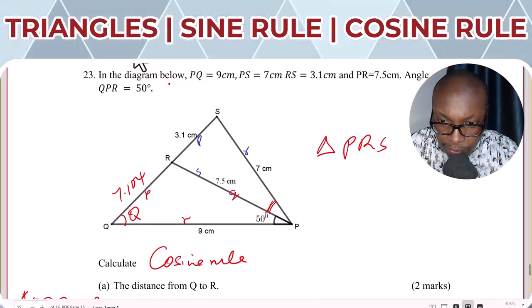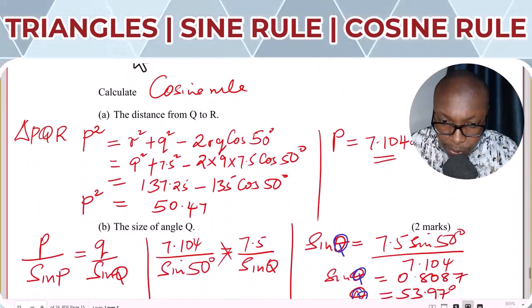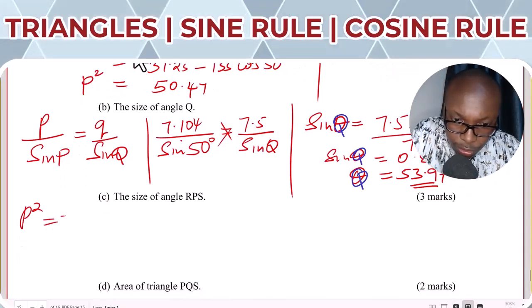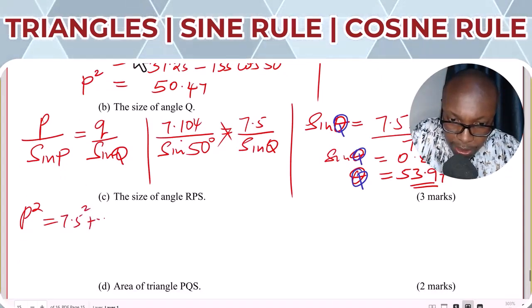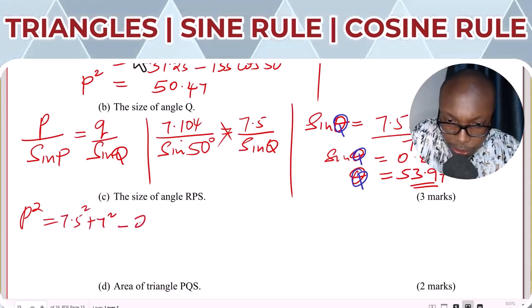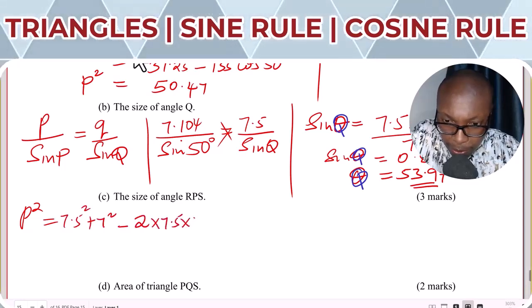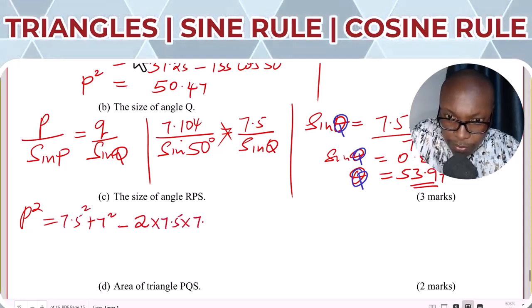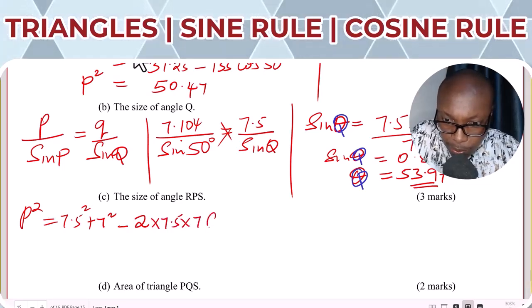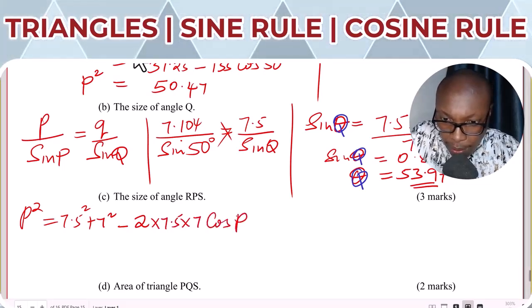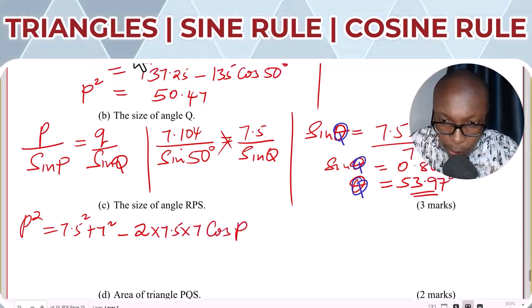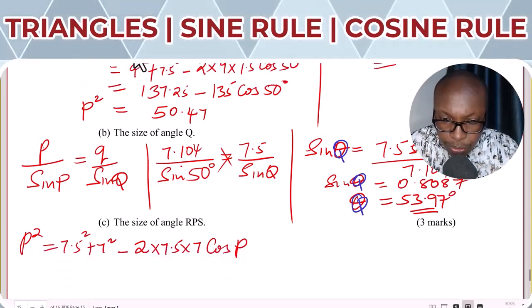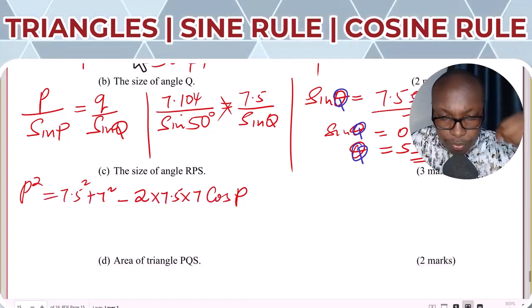That will be 7.5 squared plus 7 squared, then minus 2 multiplied by 7.5 multiplied by 7 centimeters, then multiplied by the cosine of P, because we require that angle P. So that is the cosine rule.